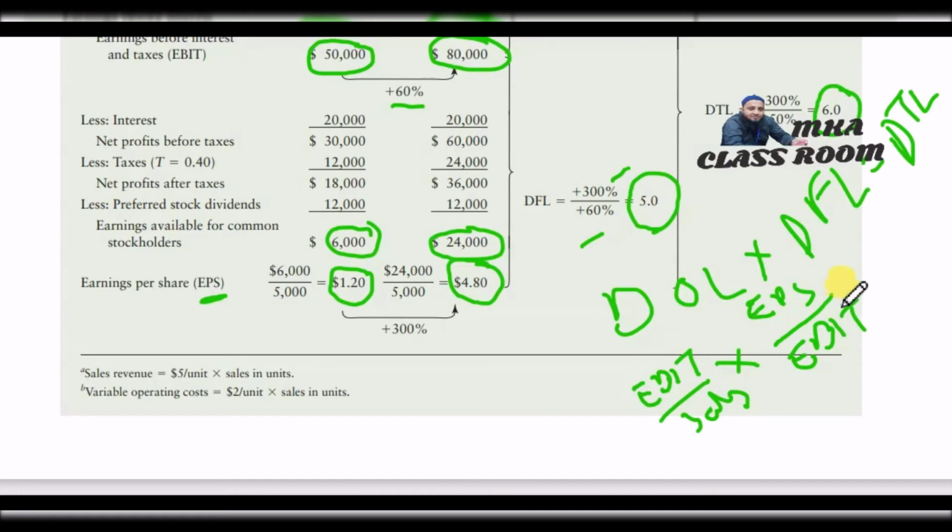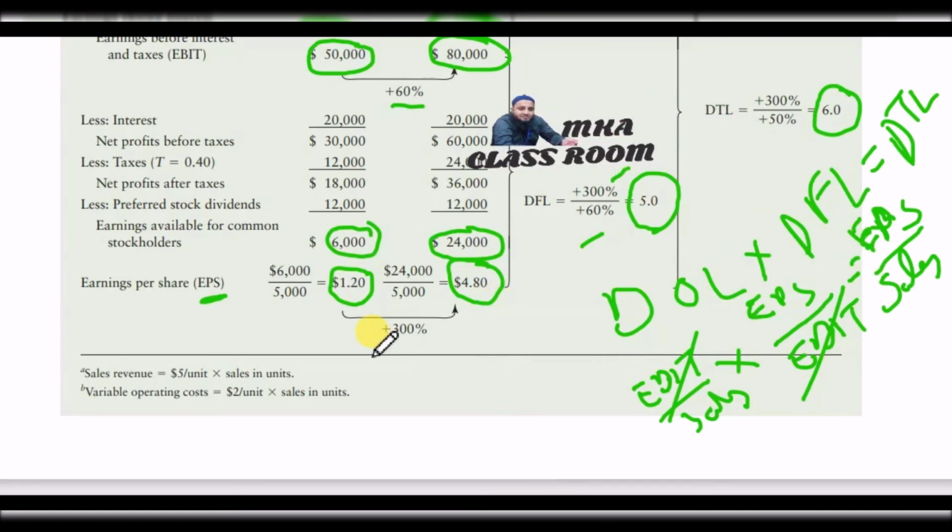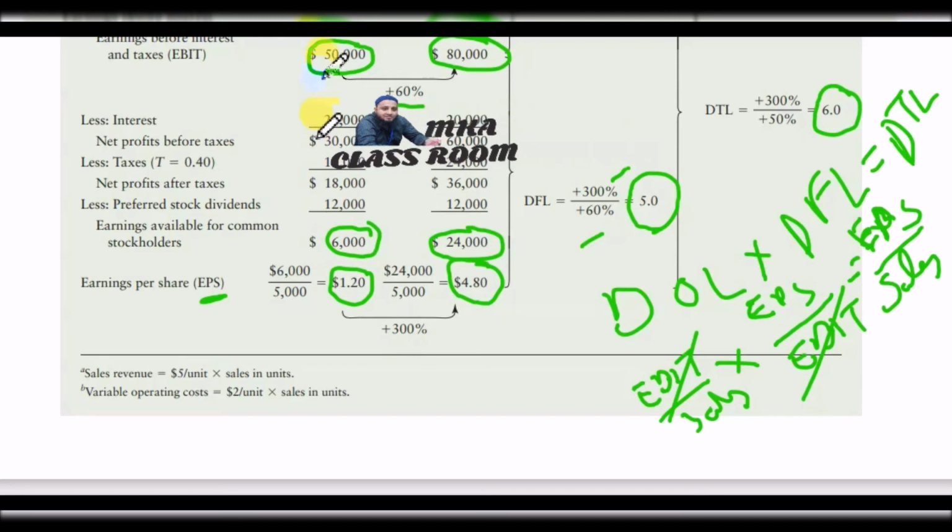If we cancel this EBIT, then we have found EPS divided by sales. That is our formula for DTL.